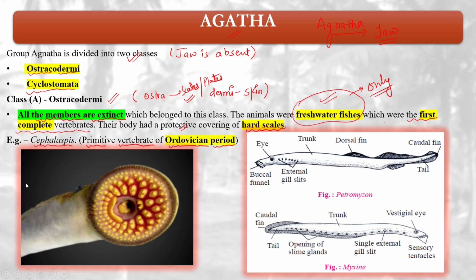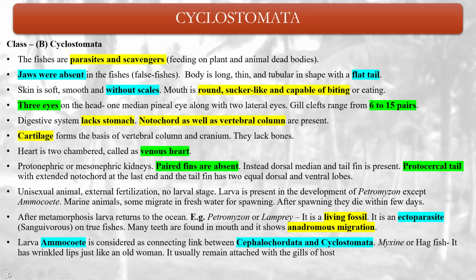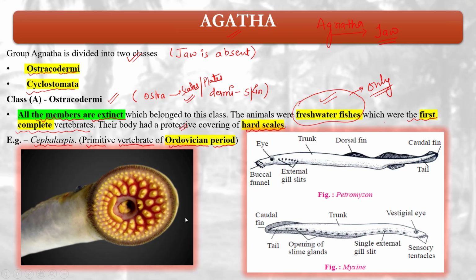Now coming to the next. Here is a diagram which helps you understand Petromyzon and Myxine, the hagfish. In the left side one you can see the circular mouth.